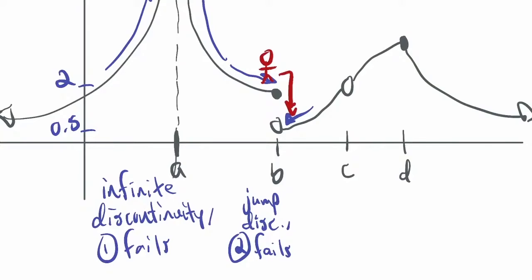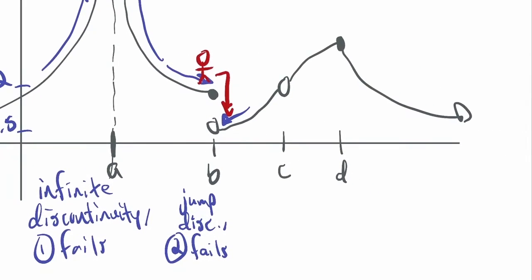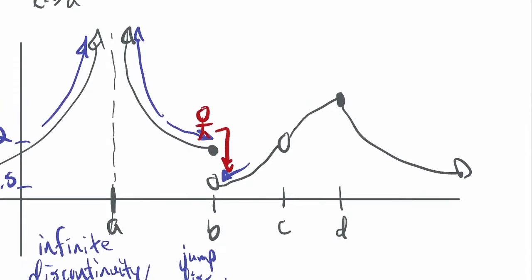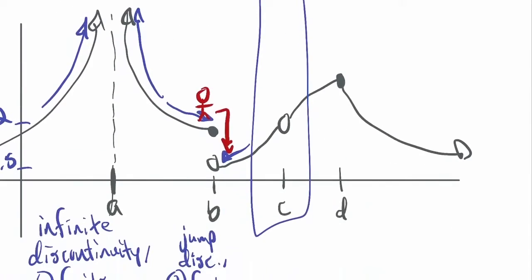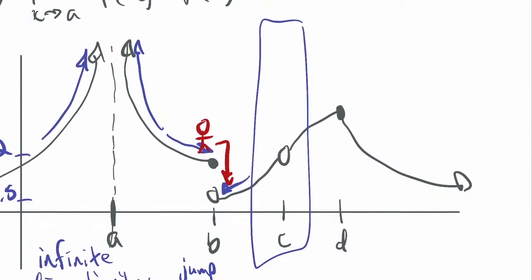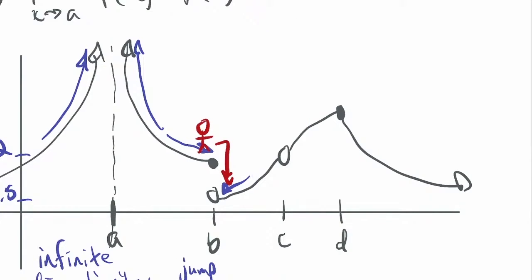Okay, so at C, well, vertically, I don't see a dot anywhere. The function appears not to be defined. So actually, I am missing one type. So let's do this.